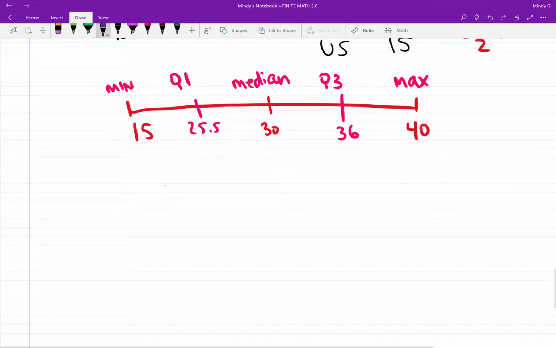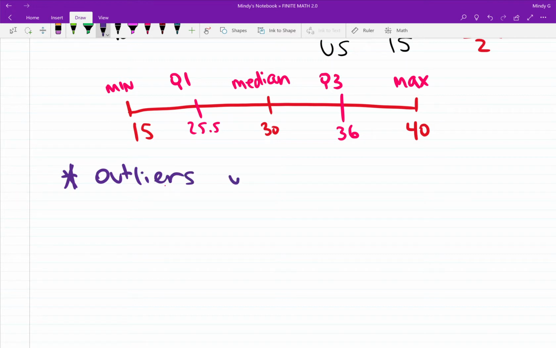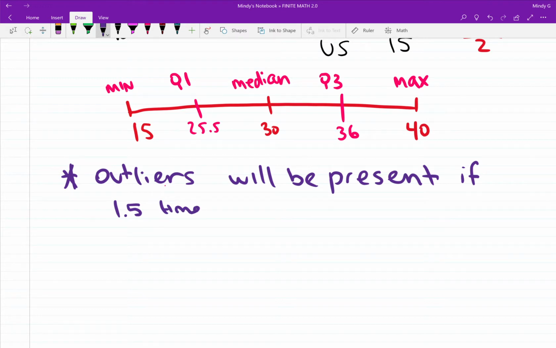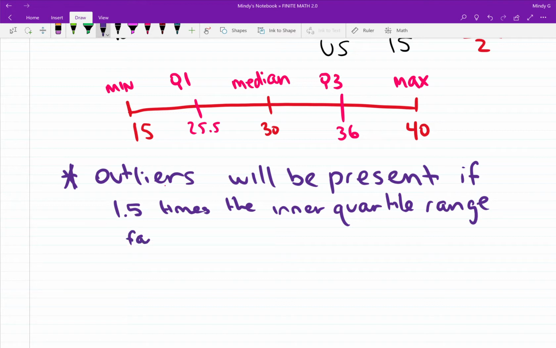Outliers will be present if 1.5 times the interquartile range falls outside the minimum or the maximum. I will explain. Outliers will be present.